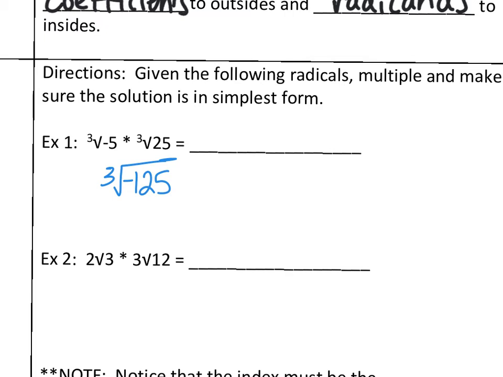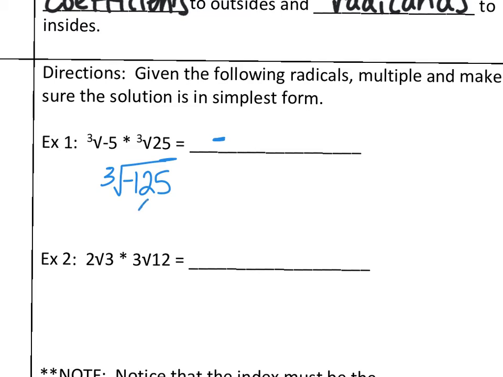We said a negative is okay underneath the radical if that index is odd. If it's even, we have to make it imaginary. Since it's odd, we're good on that one. We don't have to worry about the imaginary thing. So I know my answer is going to be negative, so I'm going to put it up there.